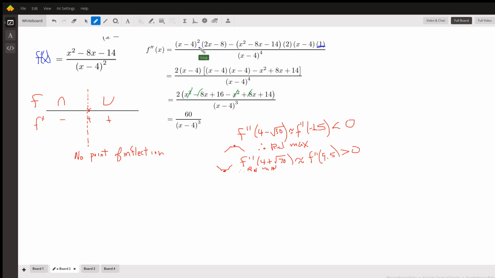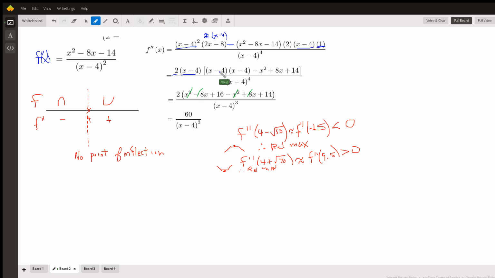Now, instead of multiplying this all together, check this out. There's a common factor of x minus 4 in both terms on either side of this minus sign. And this 2x minus 8 can be written as 2 times the quantity x minus 4. So we can factor out a 2 also. And that's what I've done here. I've pulled a 2 and an x minus 4 out of each term in the numerator.